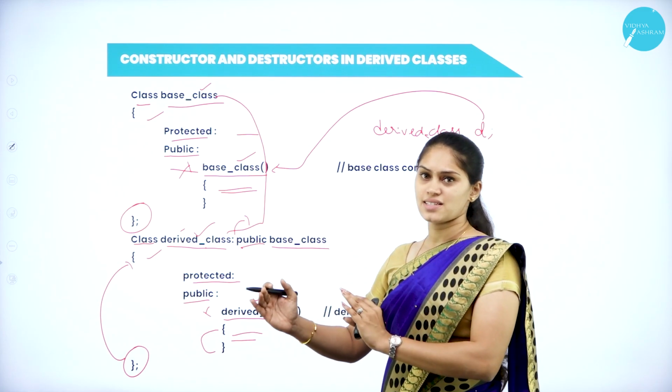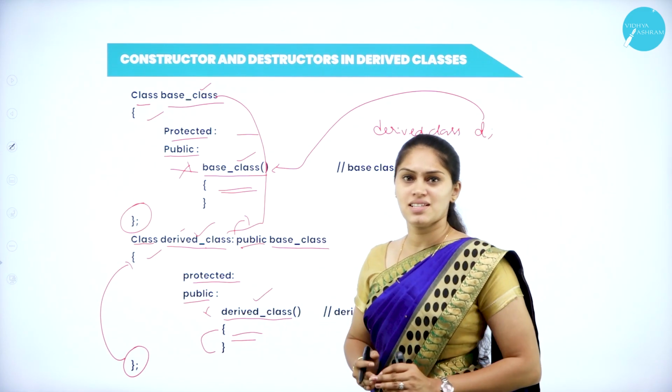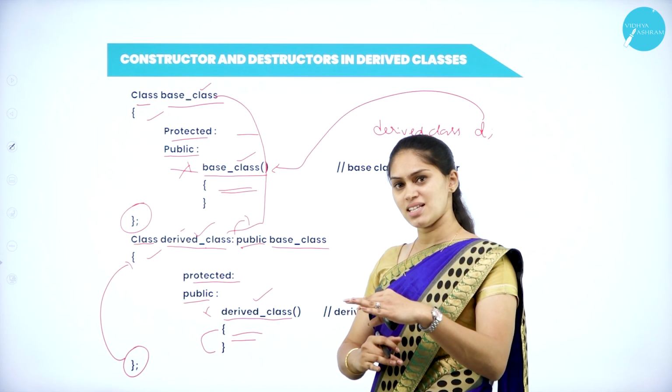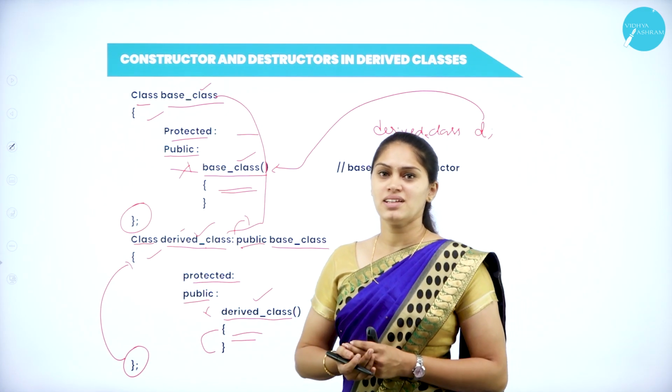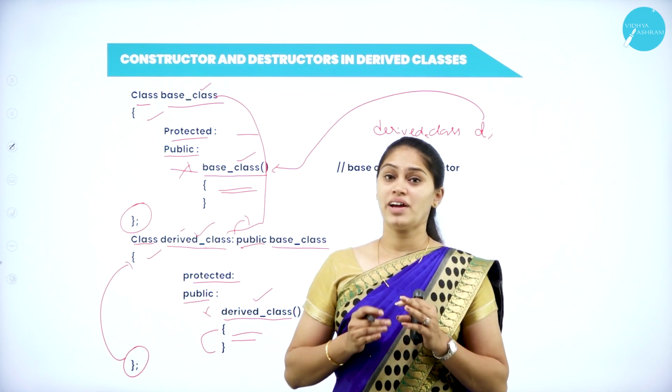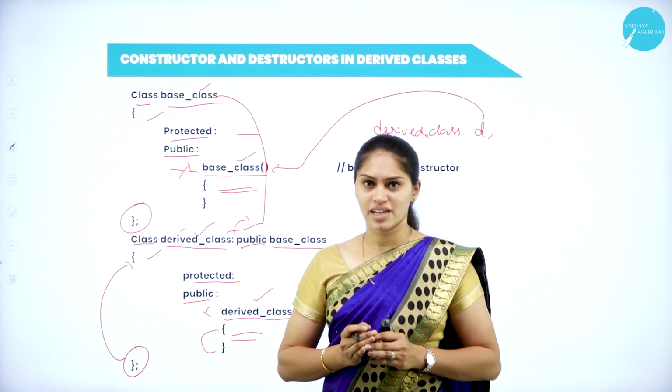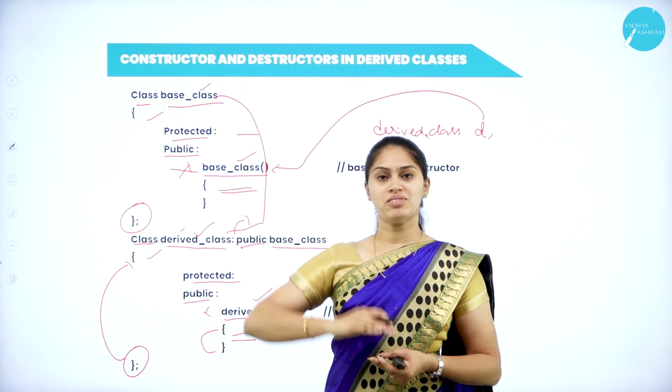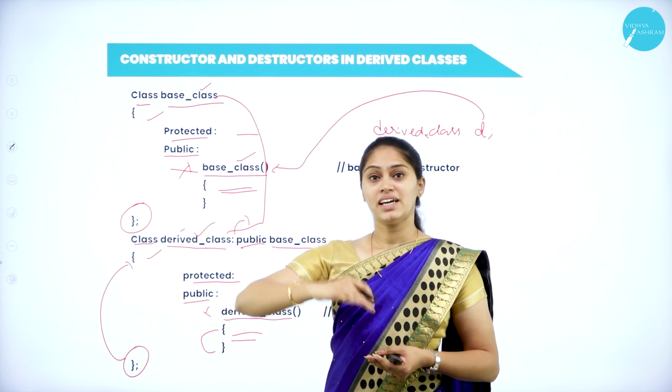It is regarding constructors. Then if I have a destructor in the base class as well as the derived class, how will the situation be? At that time, when I am using the destructor function, it works in a reverse manner.